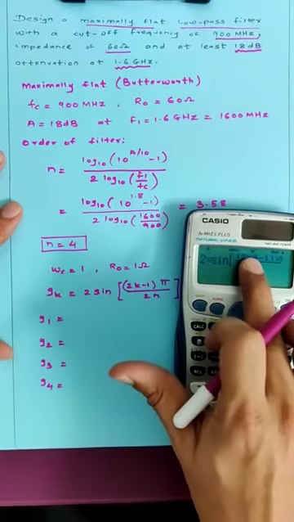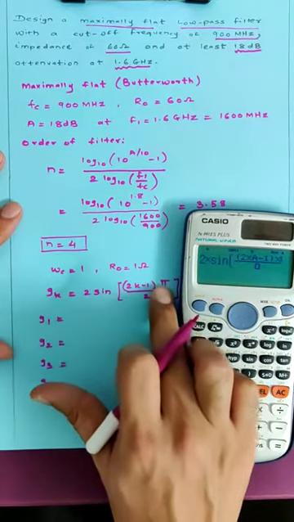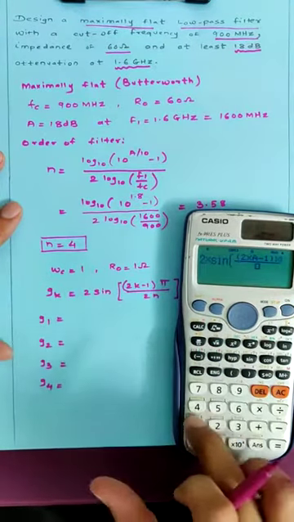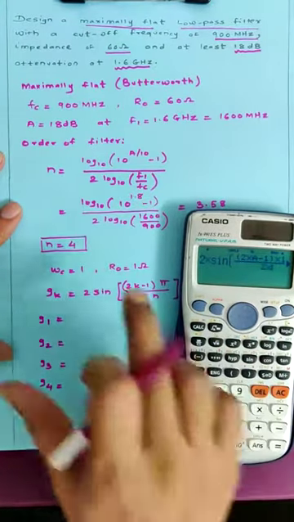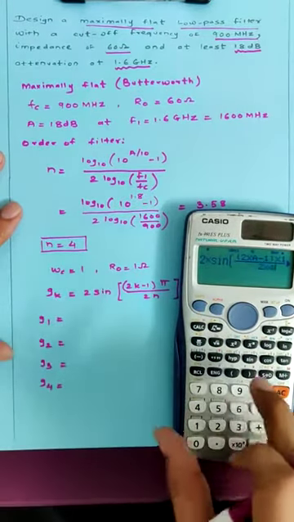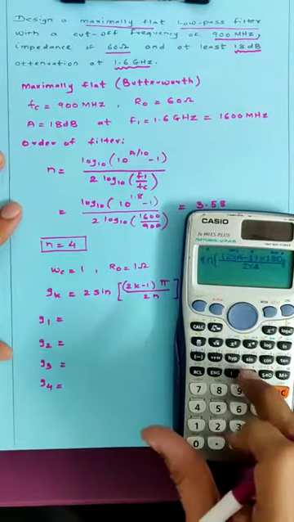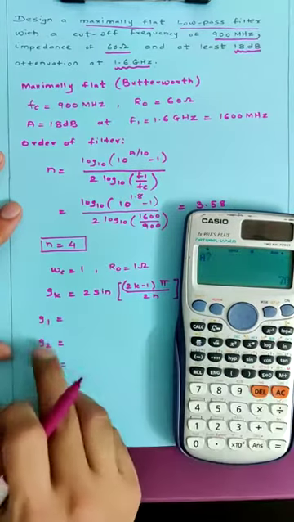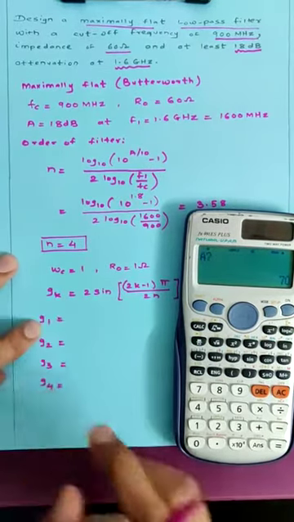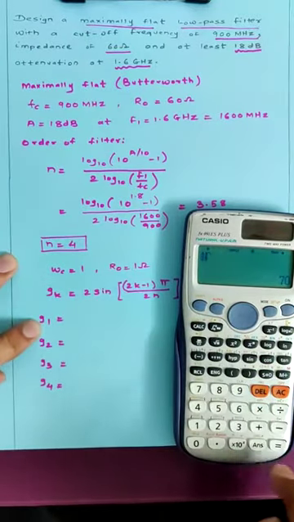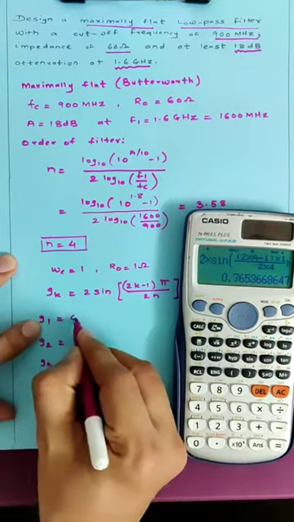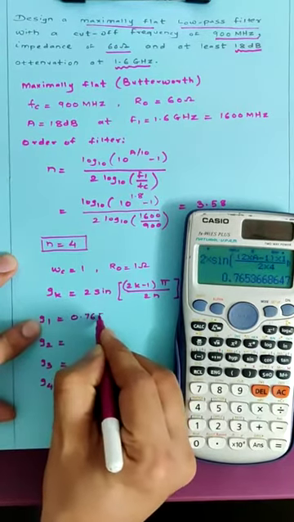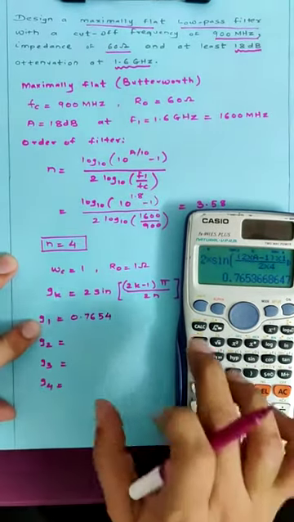Since your calculator is in degree mode, pi has to be substituted as 180, divided by 2 into the order, that is 4. So we'll calculate for k equal to 1. It turns out to be 0.7654, correct up to 4 decimal places.